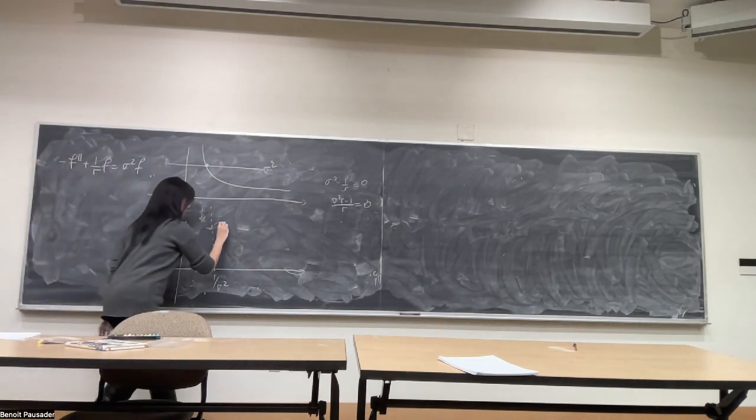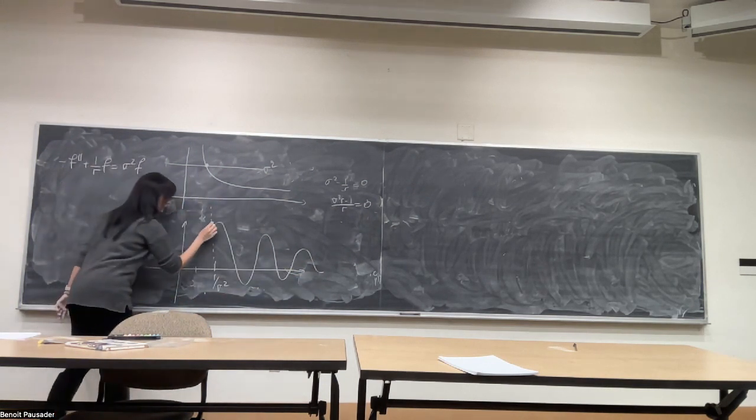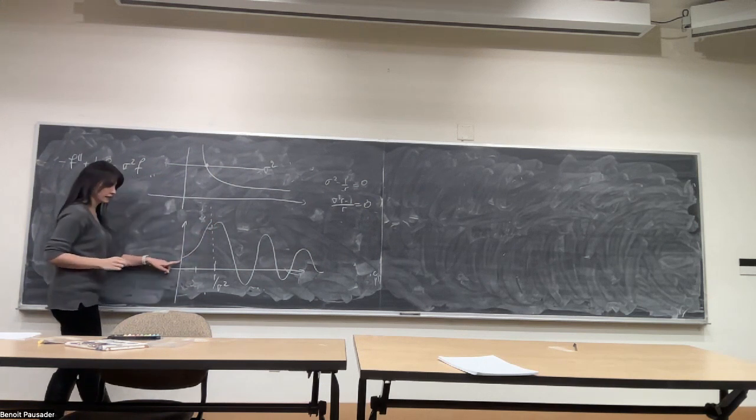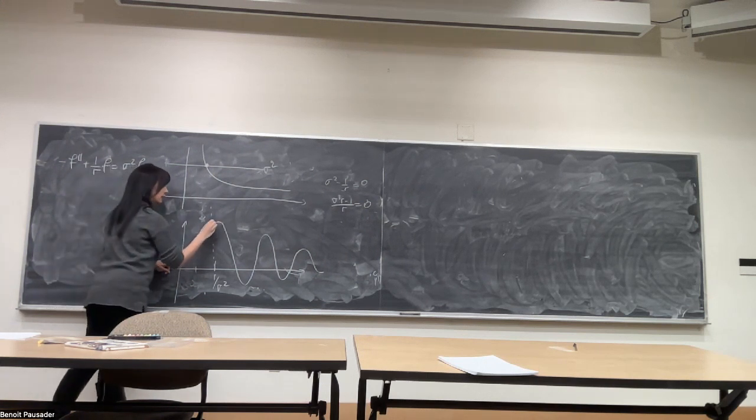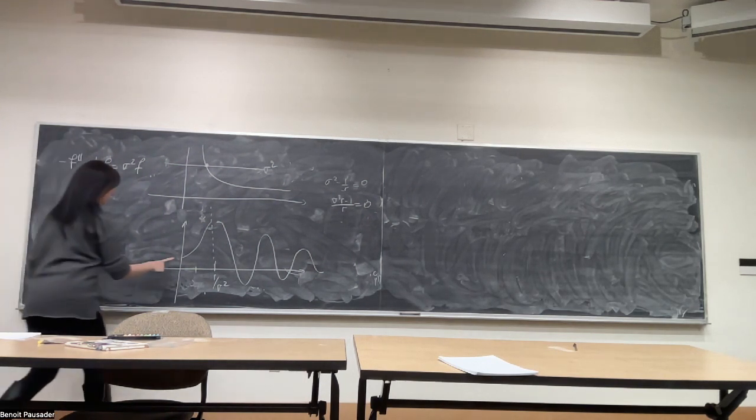So we know here I'm oscillating, and we know that here the picture tells us I was ending up at 1 somewhere, going to 0.